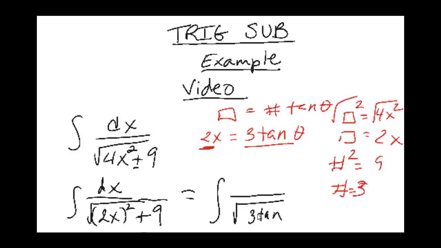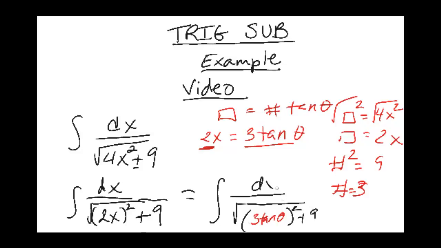I'll write that in red because that's the part I'm plugging in, just so you can visualize it better. So that's the new part, 3 tan theta, and it's being plugged into the problem for the 2x.